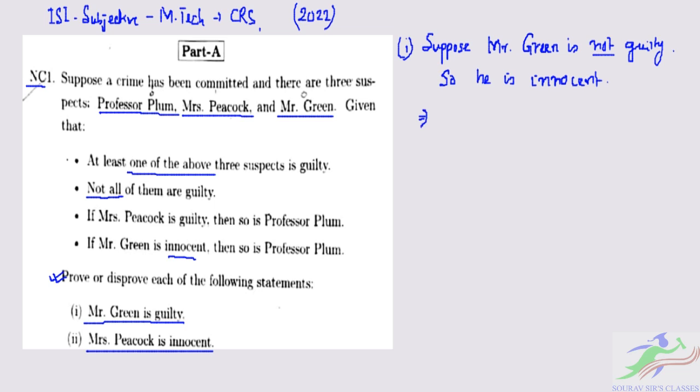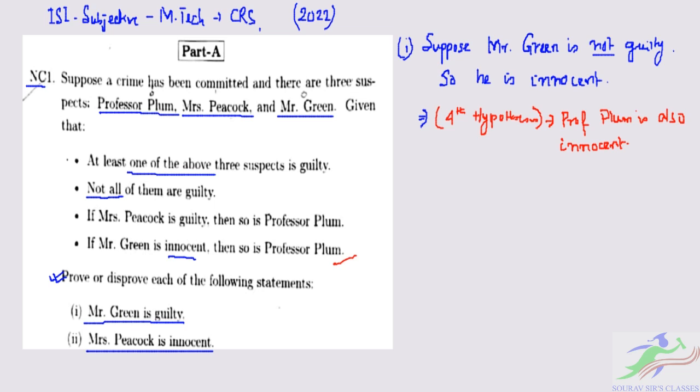So by the fourth hypothesis, from here you can see that fourth hypothesis, if Mr. Green is innocent, then Professor Plum is also innocent, right?